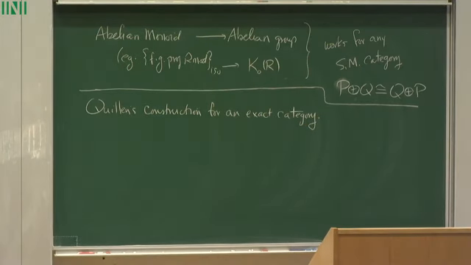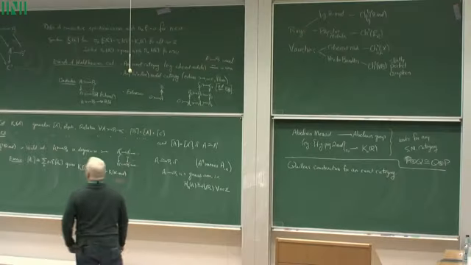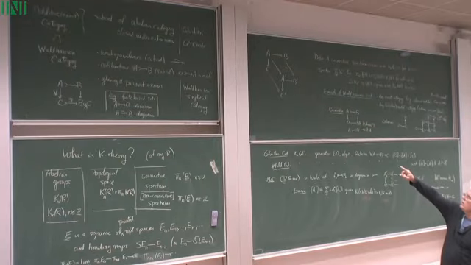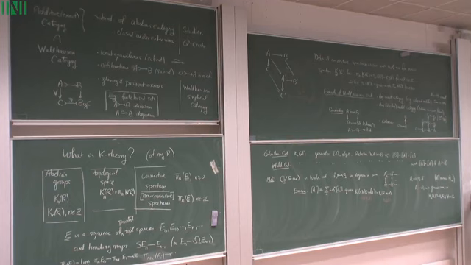So if we have an exact category, so I said what an exact category was somewhere. It's a subcategory of an abelian category closed under extension. Then we form a new category.